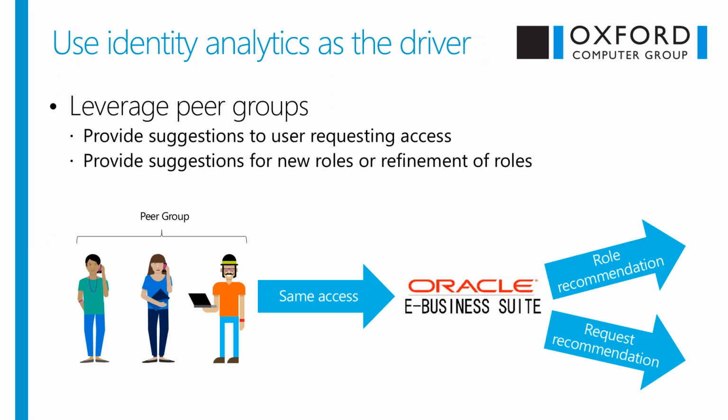And so we have to use identity analytics as the driver. And we have to leverage peer group analysis to really truly understand the identities in our organization. We should use that as far as giving role recommendations. So if we take something like Oracle e-business suite, and I have a peer group, multiple people in the same department, and they all have the same access in Oracle e-business suite.